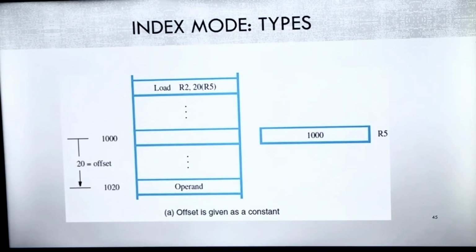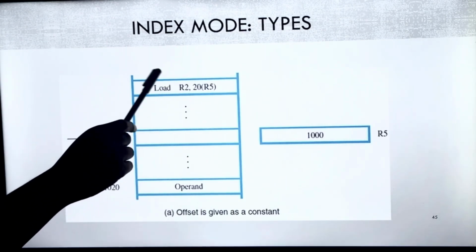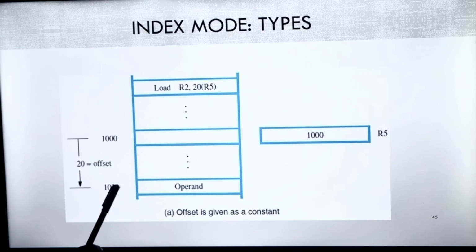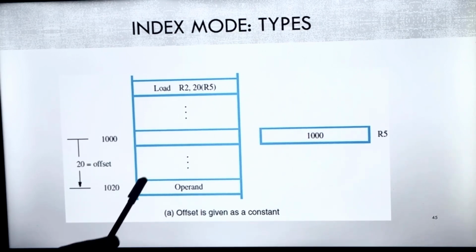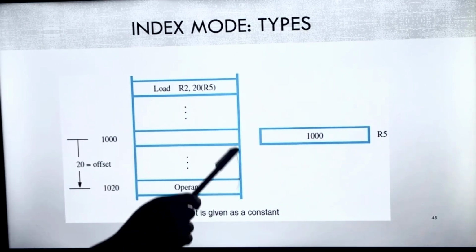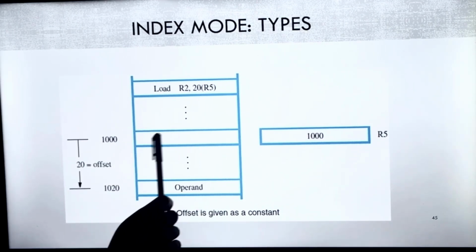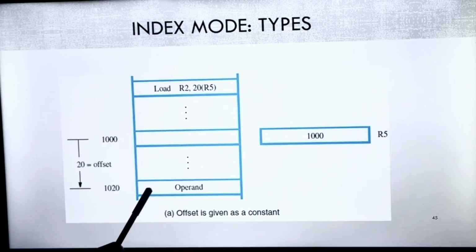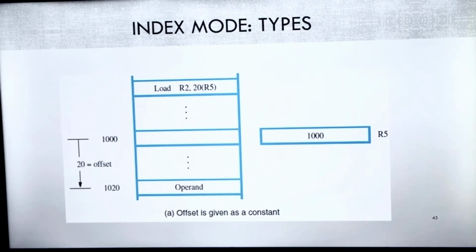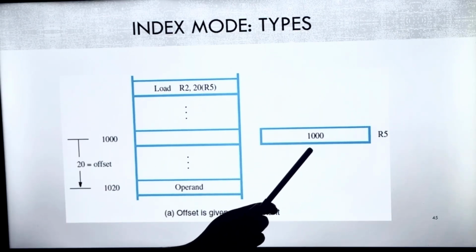We have a pictorial example also, see. So this is how it works. Suppose I want this data which is present in the 1020 location in my main memory. I know the starting address, which is 1000. So from here to here I have a program, or a set of instructions. I need to get this particular instruction. Suppose I know the starting address, which is 1000. This 1000 will not be given directly in index mode.